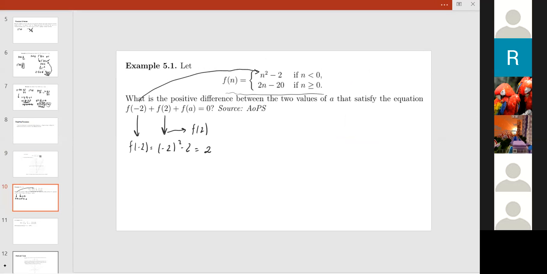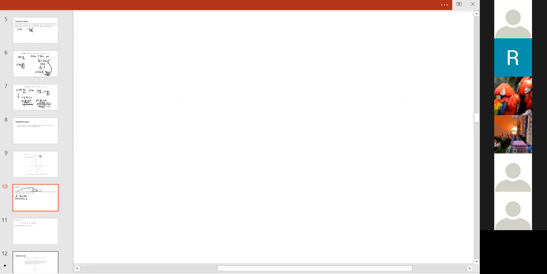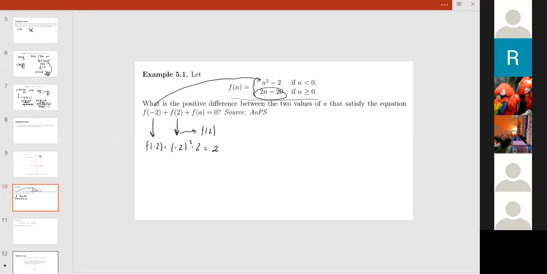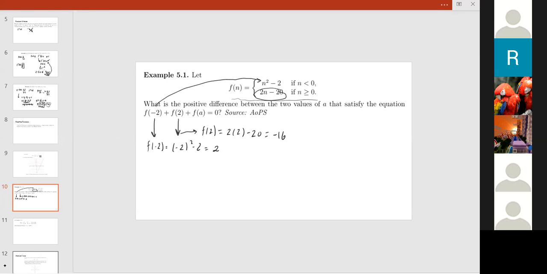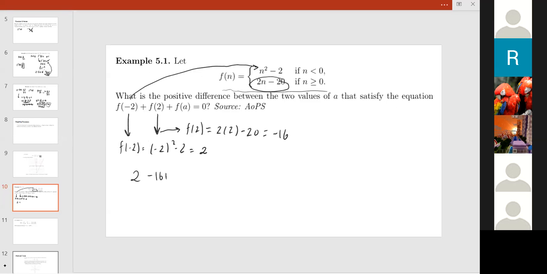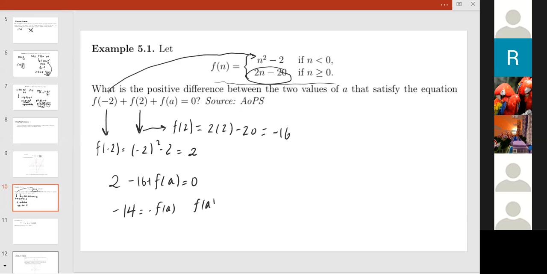So 2 is greater than 0, which means we want to use this part of the function, 2n minus 20. So this is equal to 2 times 2 minus 20, which should be negative 16. So we have 2 minus 16 plus f of a is equal to 0, or negative 14 is equal to negative f of a. So f of a is equal to negative 14.